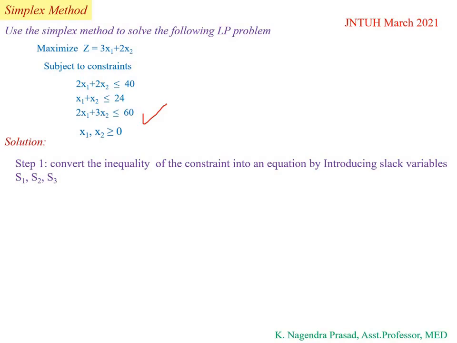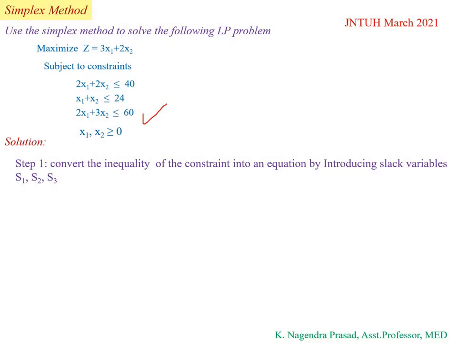Next step is to convert the inequality of the constraints into equations by introducing the slack variables s1, s2 and s3. After observing the objective function, next we have to observe the given constraints. Here three constraints are given: 2x1 plus 2x2 less than or equal to 40, x1 plus x2 less than or equal to 24, and 2x1 plus 3x2 less than or equal to 60.